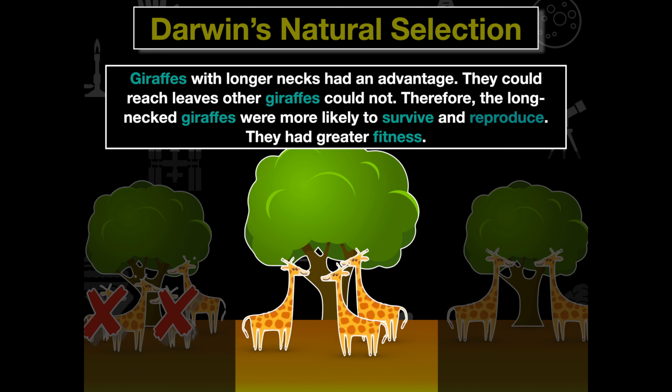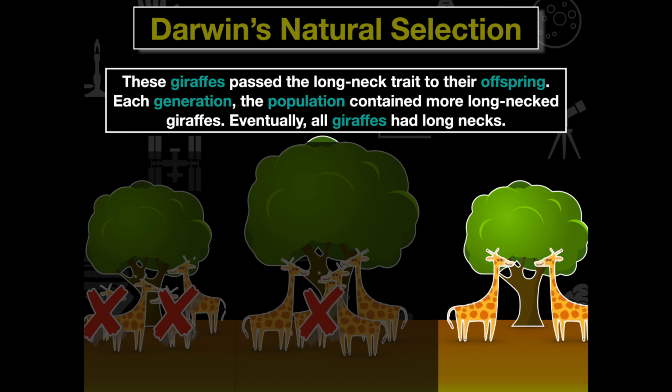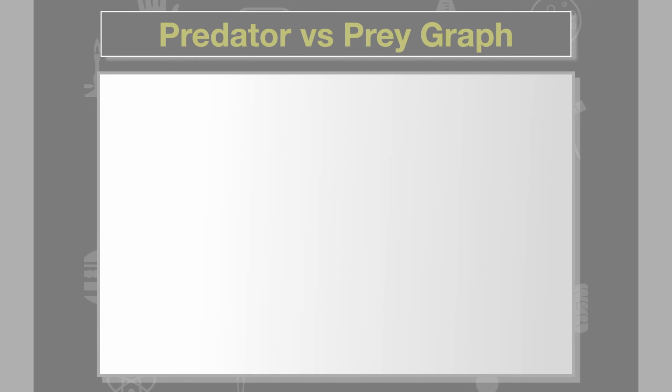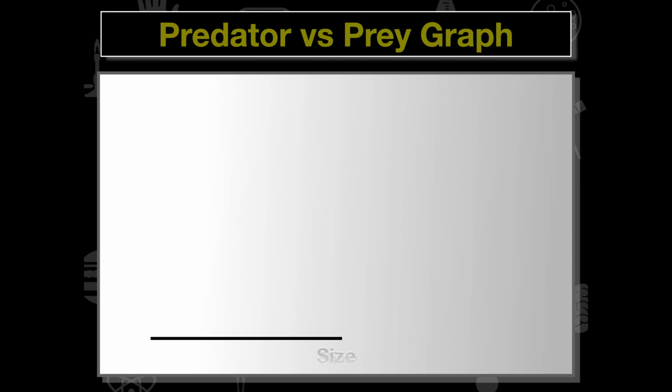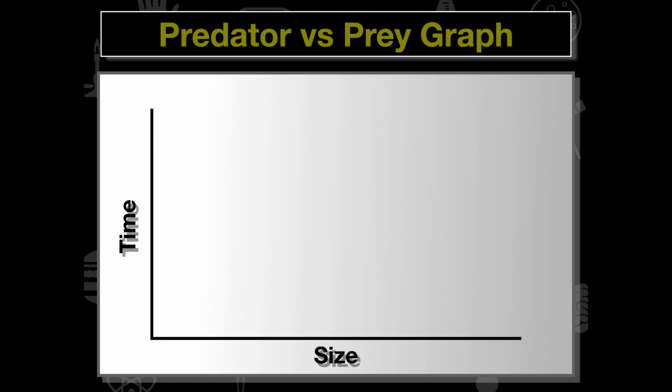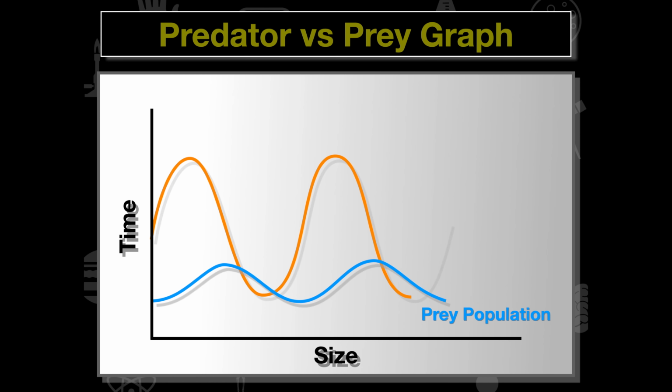So what we can see here is that over time, populations fluctuate and change. And this is a relationship not only between them and their environment, but also the organisms that they feed off of. So as we look at predator and prey relationships, we can compare not only natural selection, but also how the populations influence their size over time. Here we have our prey population, and then we also have our predator population.